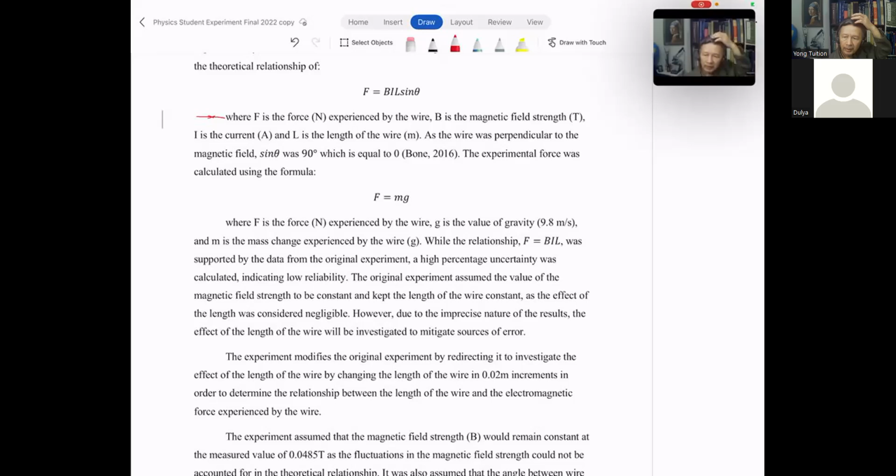Oh, so you encountered this high percentage error before. A high percentage uncertainty was calculated, indicating no reliability. You are talking about the previous experiment. Oh, that happened again.